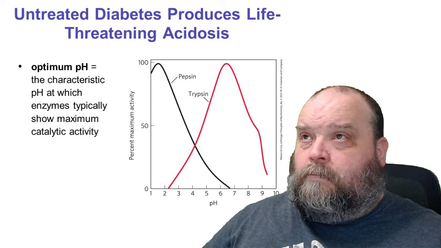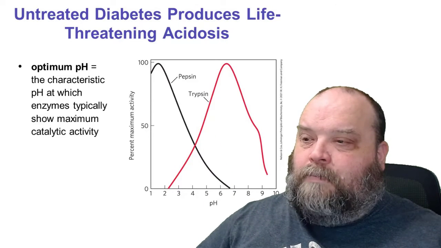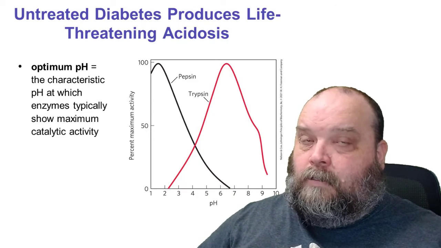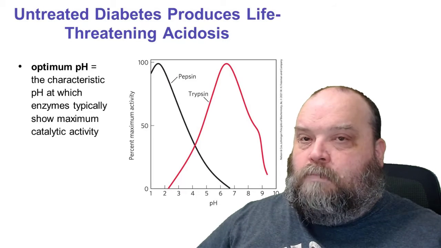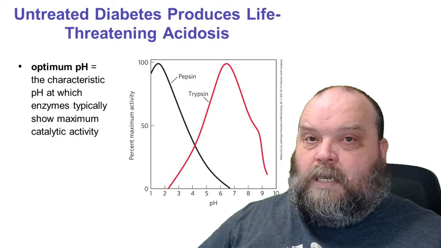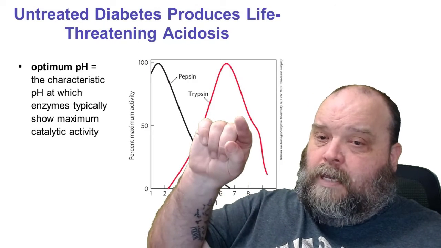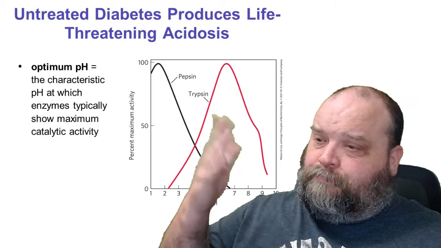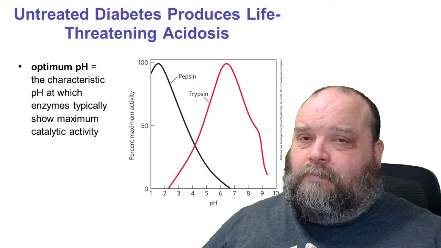So pepsin, as you see here, the black line, its optimal activity, the peak, is going to be down at 2 and below, which is about where the stomach is. As you go up the pH scale, becoming more basic, pepsin starts to unravel.